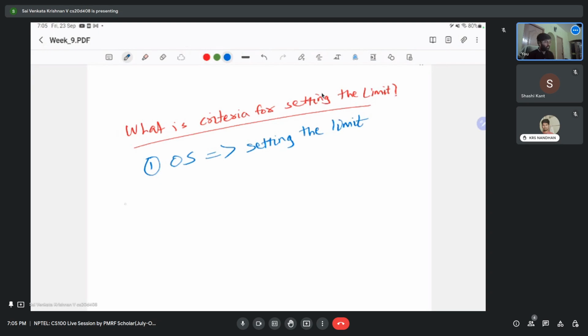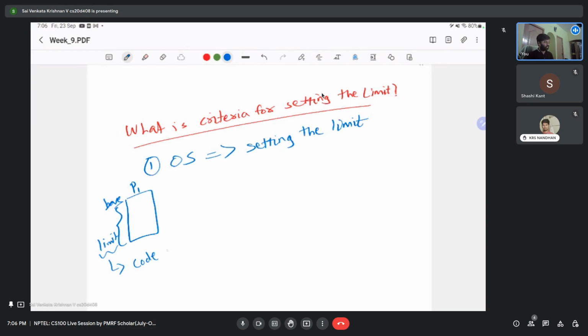Assume the whole process as such has just one base and limit, not going segment wise. Segment wise is also applicable. Say process P1 has the base and limit. At load time it will know the size of the code space, so it will include all the libraries and all those things.